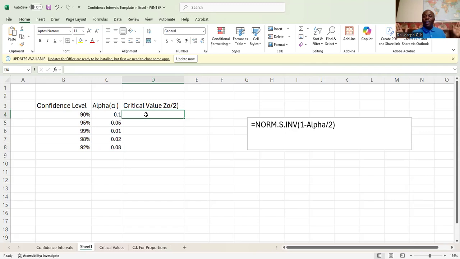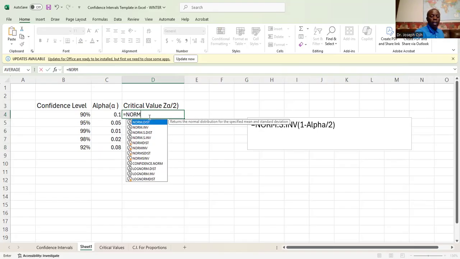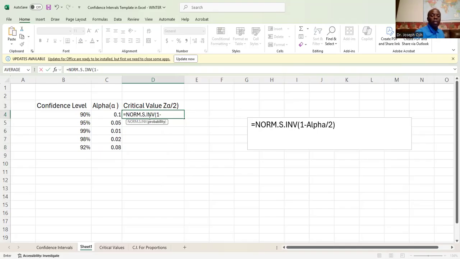With this, you can now get a critical value using this formula on the right side: NORM.S.INV of 1 minus alpha over 2. The good thing about using Excel is that when you get the first one, you can just copy the formula down to get the rest. So it equals NORM.S.INV, 1 minus alpha, where alpha for the first one is 0.1, which you click on, divided by 2, and close the parenthesis.